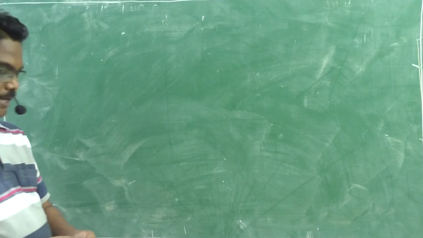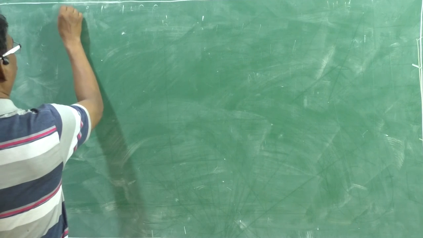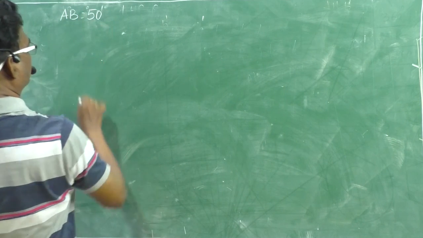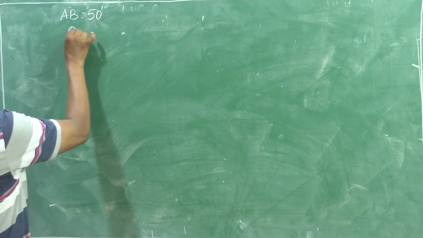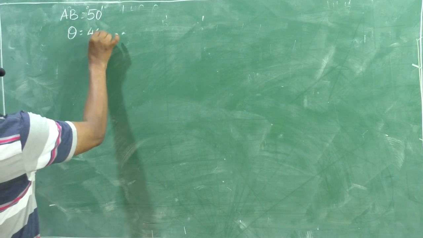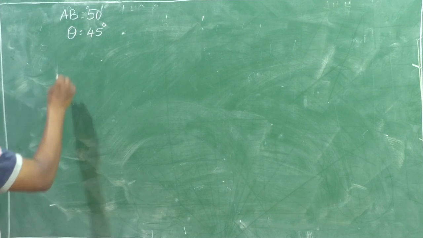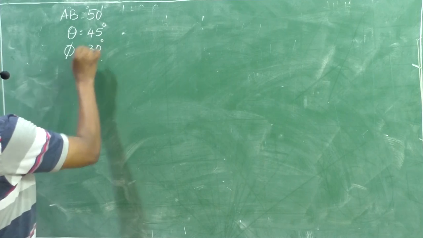Right? A line AB, 50 mm length, makes an angle of 45 degrees with HP and 30 degrees with VP.